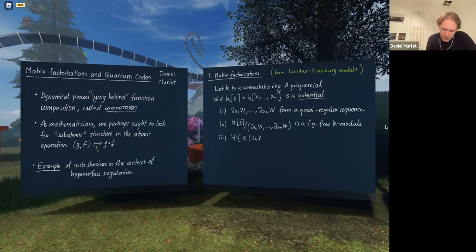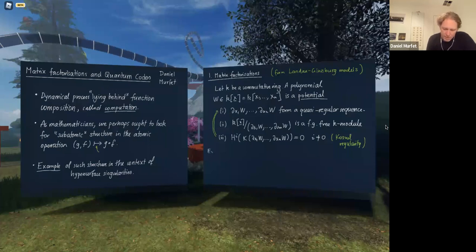This actually implies the first condition, but it appears more technical. This is sometimes called Koszul regularity: the Koszul complex of the partial derivatives of W is exact except in degree 0. And as I just said out loud, actually 3 implies 1. So really you can take 2 and 3 here.